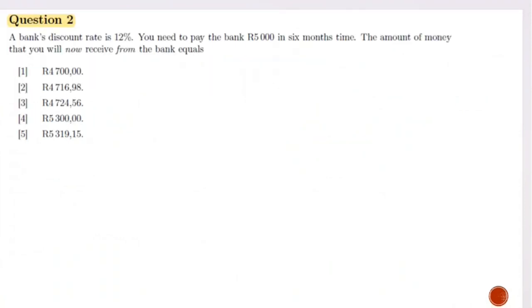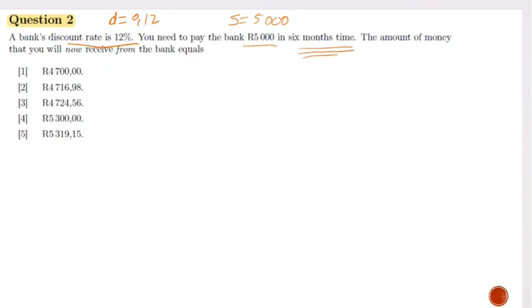Let's look at this one. A bank discount rate is 12%. So now your d here is equal to 0,12. You need to pay the bank 5,000. That is your future value. It is equal to 5,000 in 6 months' time.